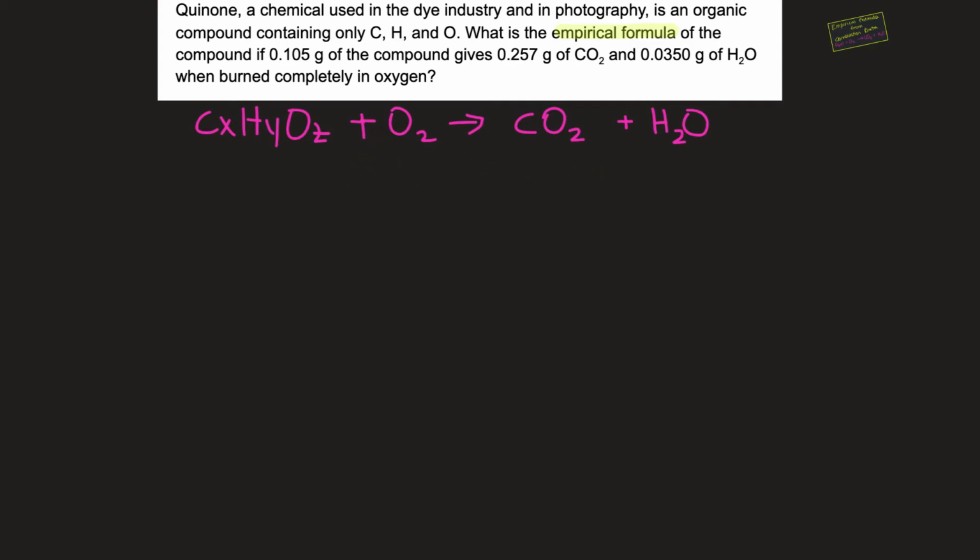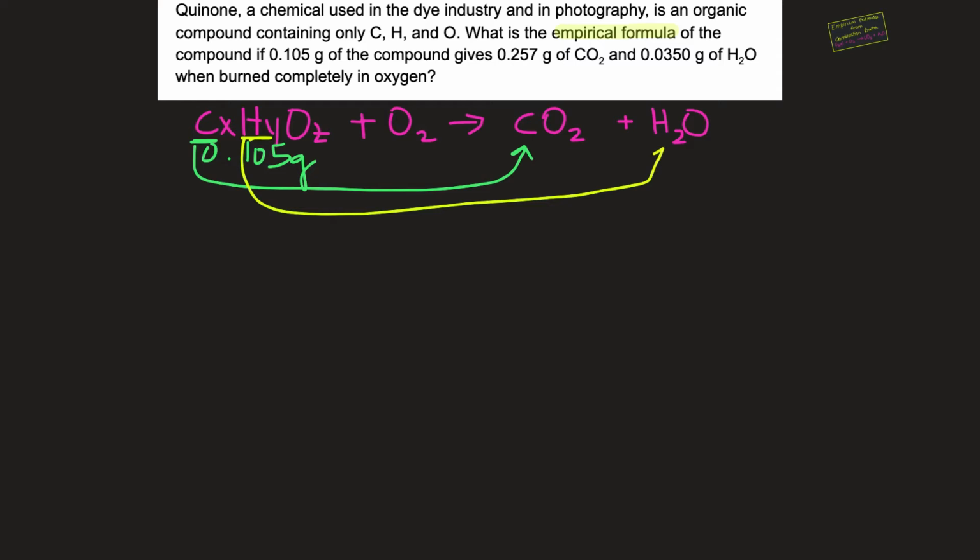But what I can do is say, okay, I have 0.105 grams of my compound, and all of the carbon in that compound is going to get converted to carbon dioxide. In addition, all of the hydrogen in that compound is going to get converted to the hydrogen in water.